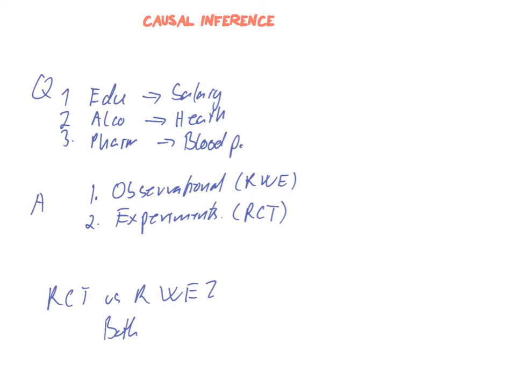But if you use observational evidence, we have something called selection bias, and that's the big problem with observational evidence. So the problem we have here is selection bias. I'll give you an example. Let's say you have education here, and you want to find the effect of education on your salary. There might be a factor behind both of these things.